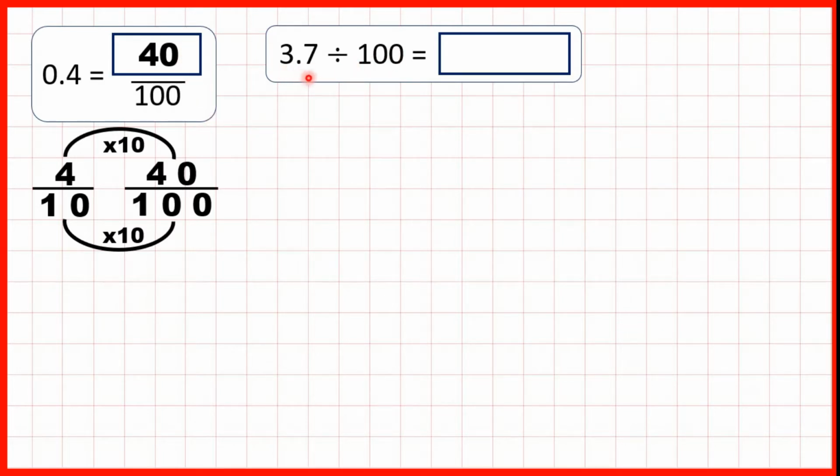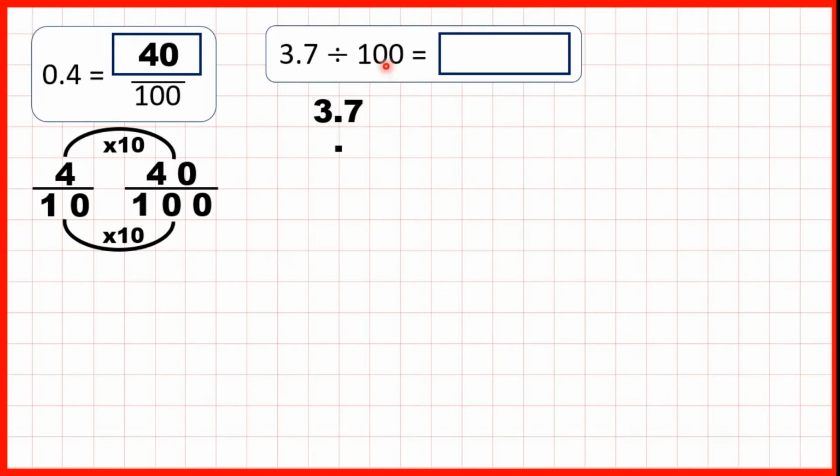Now 3.7 divided by 100. So whenever we're multiplying or dividing a decimal by 10, 100 or 1,000, we always start in the same way. We write out our decimal and then we copy down the decimal point. Now here we're dividing, which means the number is getting smaller, so the digits must move to the right.